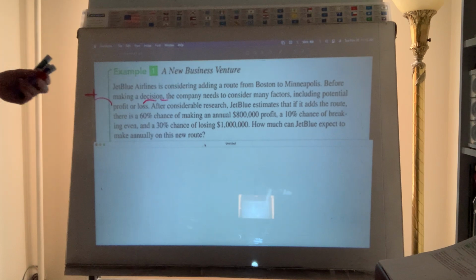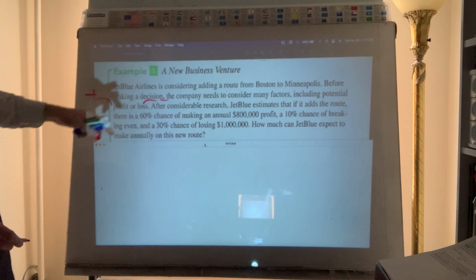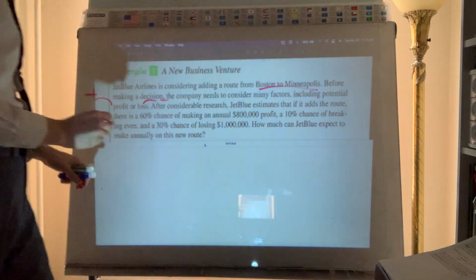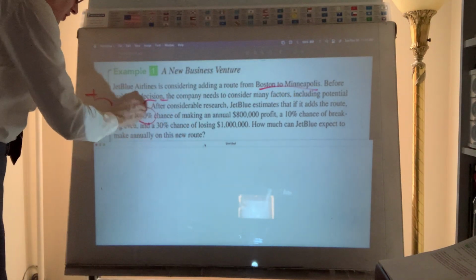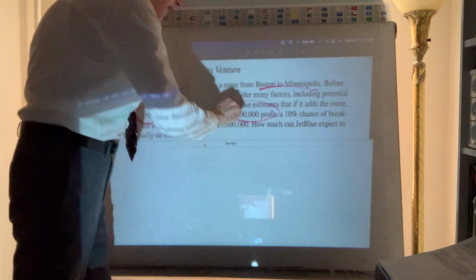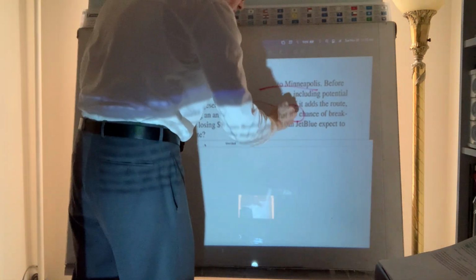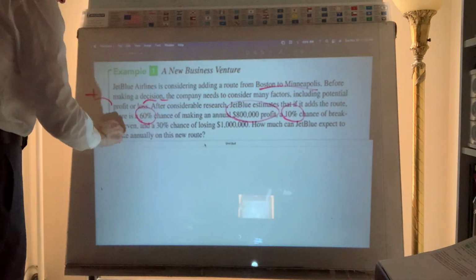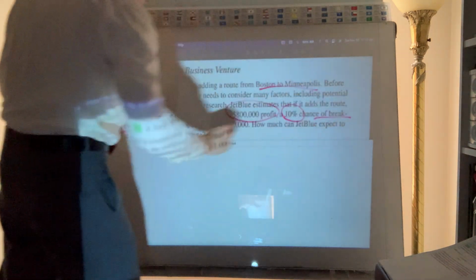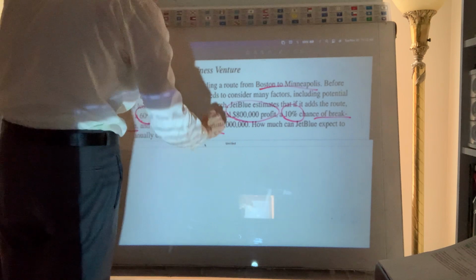After considerable research, JetBlue estimates that if it adds this particular route, there is a 60% chance of making an annual $800,000 profit. Simultaneously, a 10% chance of breaking even, and a 30% chance of losing $1 million.